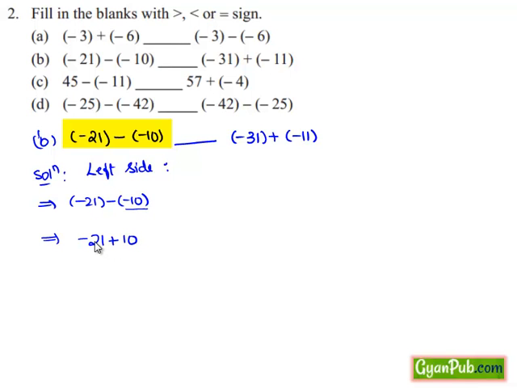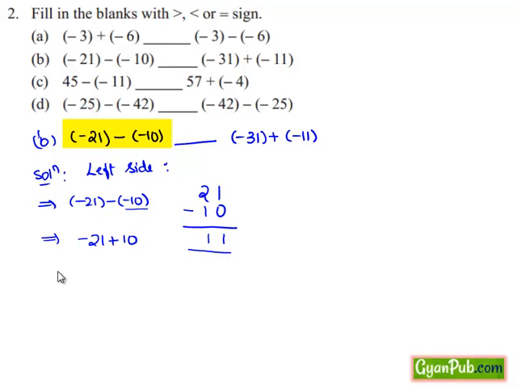Now we have one negative integer and one positive integer. When we have one positive integer and one negative integer, we should subtract them, but answer will take sign of the bigger integer. So now we are subtracting 10 from 21. Since 1 is greater than 0, 1 minus 0 is 1, 2 minus 1 is 1.